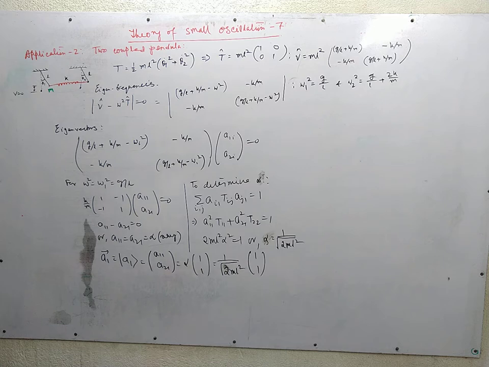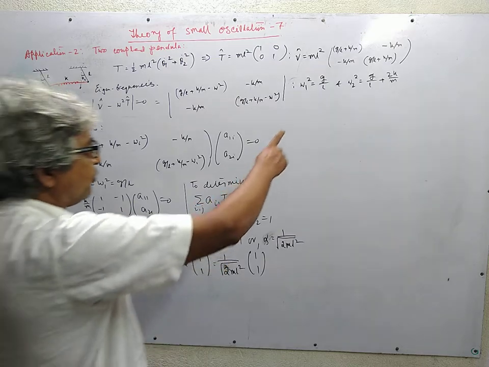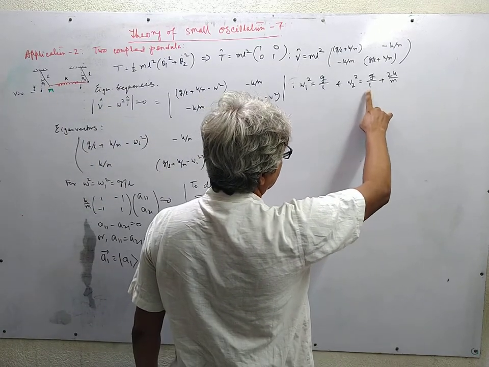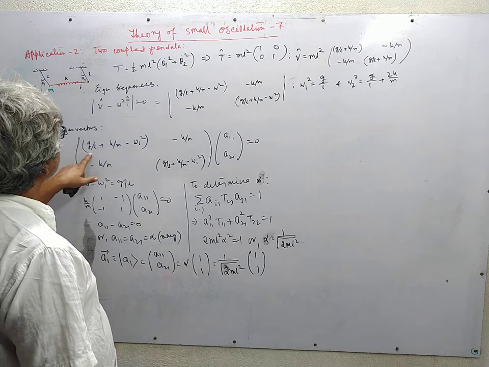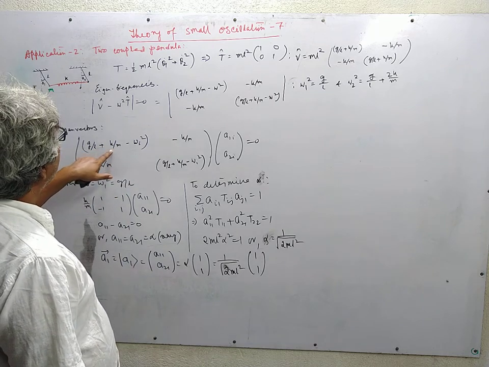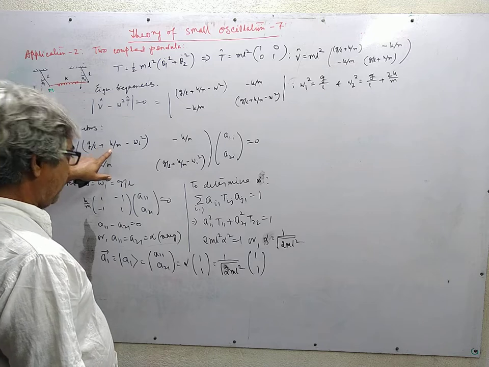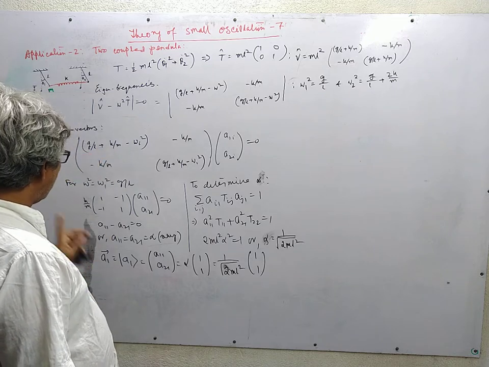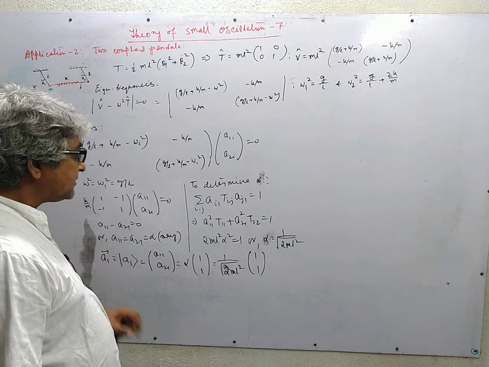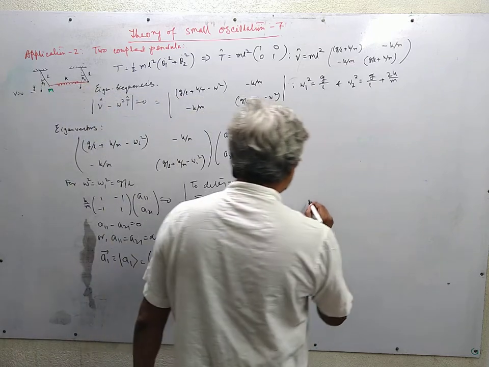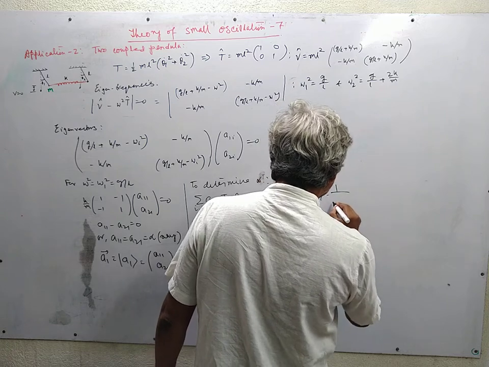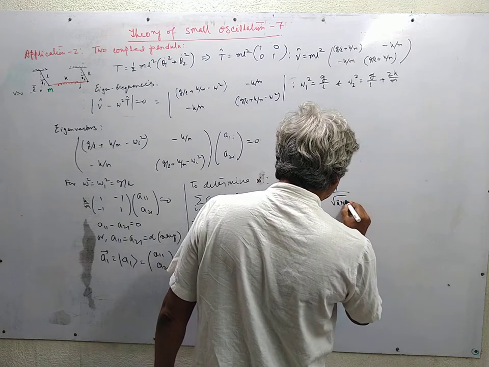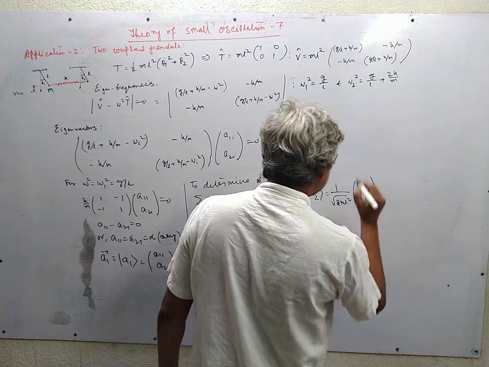And if we put the second root, minus G/L, this will cancel this and it will make this one as minus K/M, in which case we will see that the sign will be plus, and the second eigenvector A2, following the similar procedure, we get 1 -1.